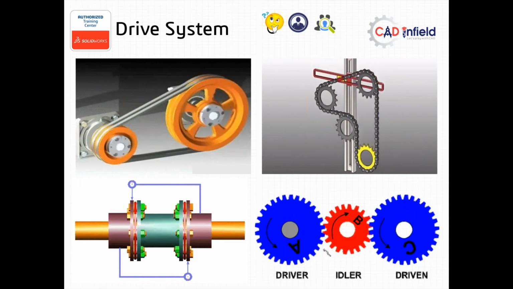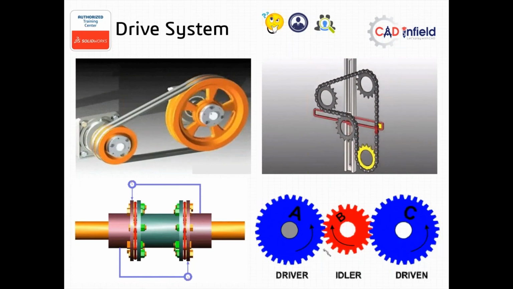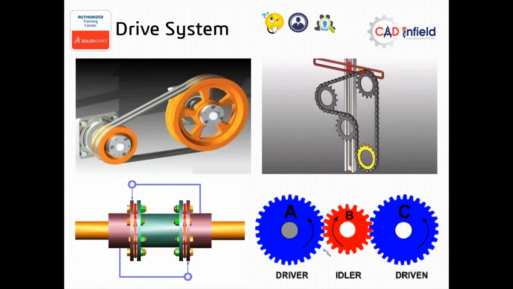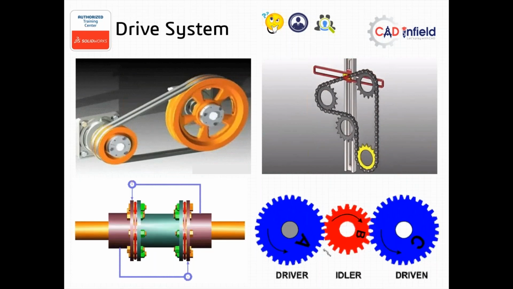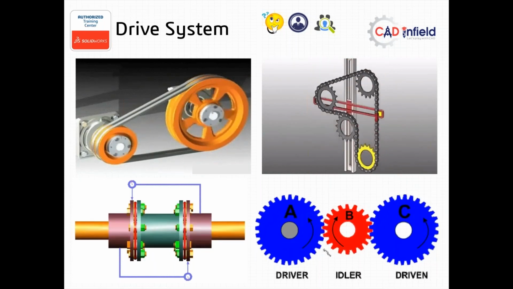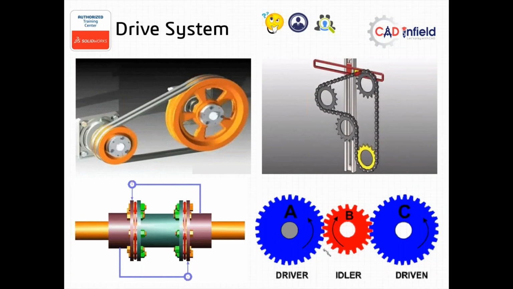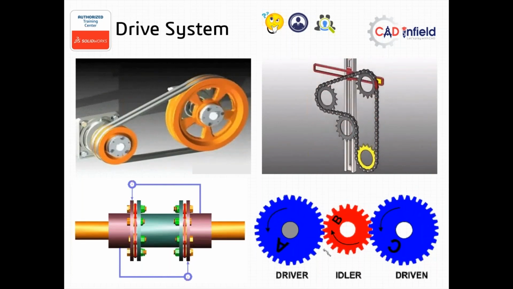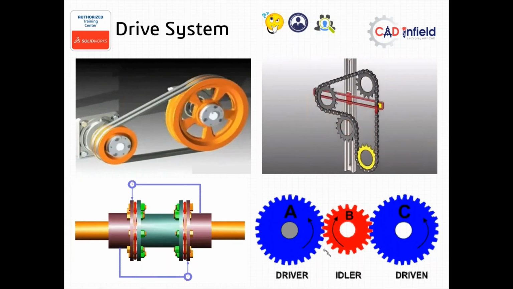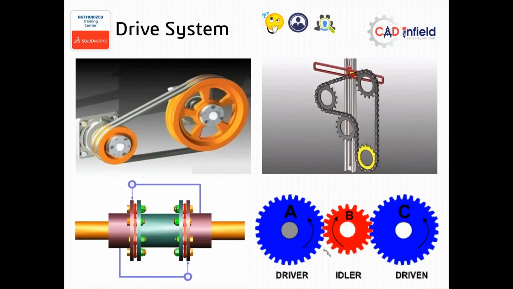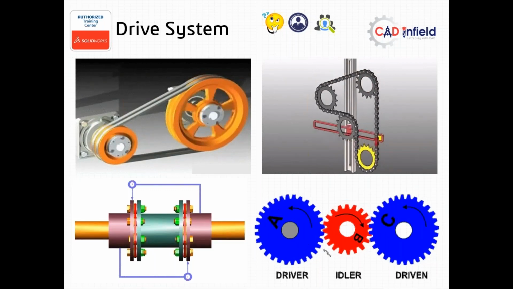In chain also we have two sprockets, but a certain medium is used to transfer the torque from one shaft to the other shaft. In belt, we use a belt as a medium to transfer the torque from one pulley to the other pulley. In chain, we use a chain to transfer the torque from one sprocket to the other sprocket.